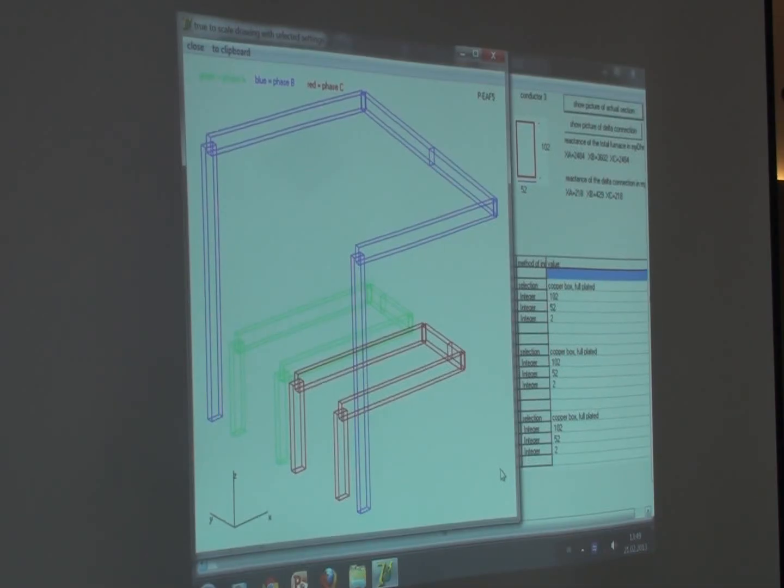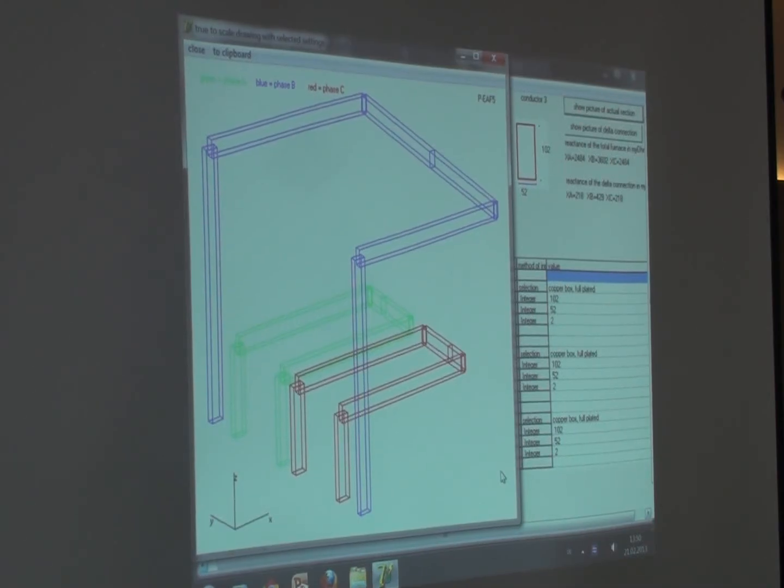Here's point A, here's point B, and here's point C, and between A and B here we have the voltage source UAB, and we have here the voltage source UBC, and we have here the voltage source UCA.